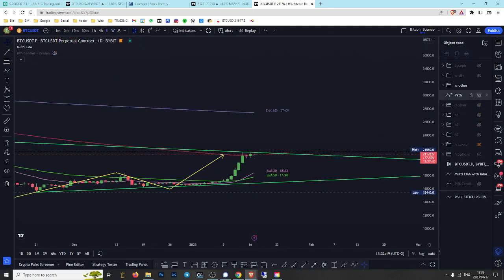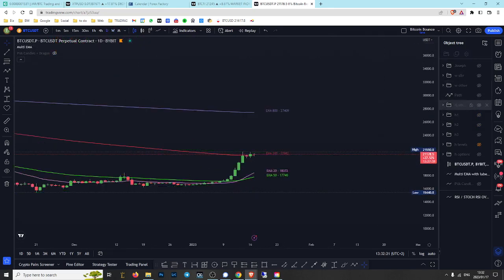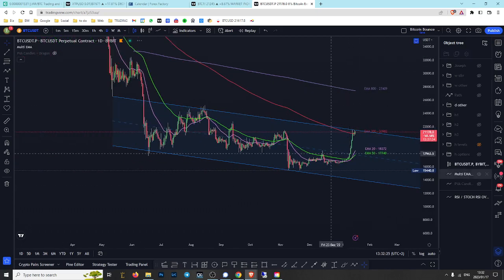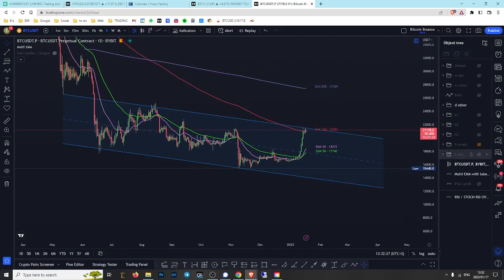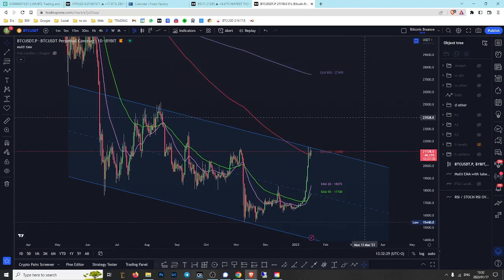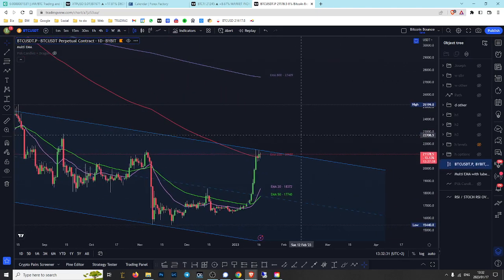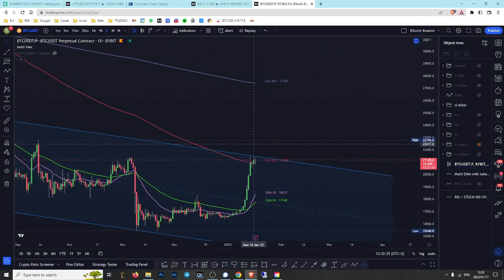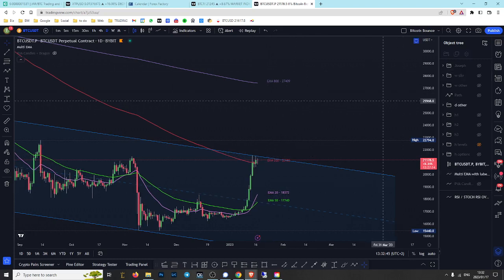Looking at just the daily, we were also in this parallel channel going to the downside, hit the top now. The only thing on the daily is that we are now at last above the 200 EMA, and closed one candle above that. So that's awesome, and that could mean that we might not come down to retest it. No one knows, but technically we shouldn't, for all the above mentioned reasons that I spoke about.